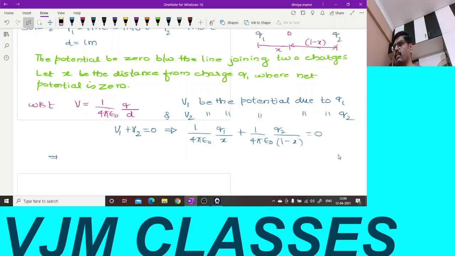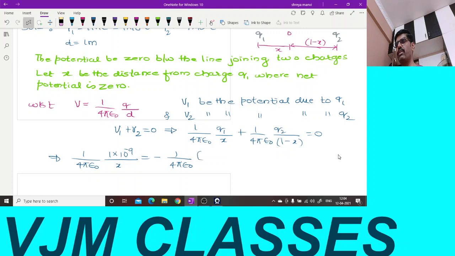So this implies, if I take 1 by 4 pi epsilon naught, Q1 value is given as 1 nanocoulomb. I am substituting 1 into 10 power minus 9 divided by x. I am transferring this one that side, it will become minus 1 by 4 pi epsilon naught.